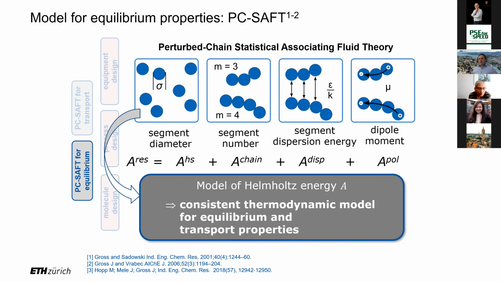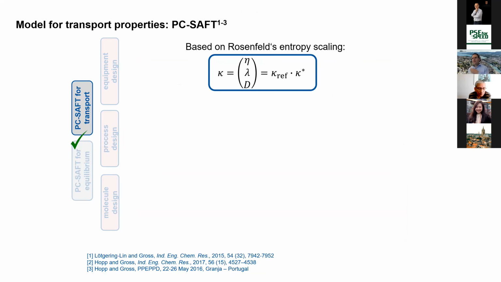And that was a challenge for a long time, but then people have rediscovered, as so often, so-called Rosenfeld's entropy scaling. And that's basically work from the 70s. What Rosenfeld proposed is that the transport properties, given here like viscosity, heat conductivity, or self-diffusion coefficients, can be described as a simple function of the residual entropy.